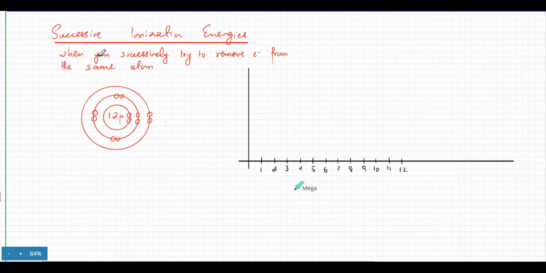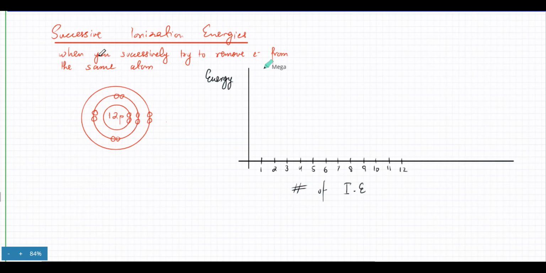That's the number of the ionization energy. In total, we're going to try and remove 12 electrons. This axis over here is the energy value. How much energy would be needed to remove electrons?